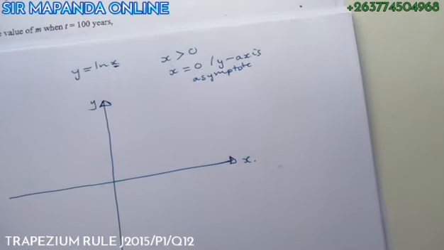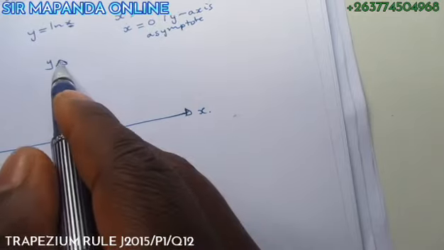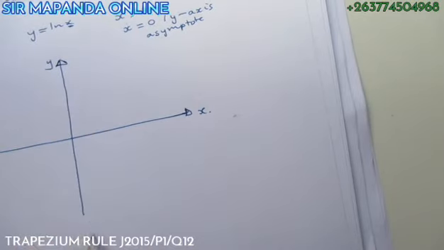Right. After drawing the asymptote, which is already there, our y-axis, we then need to find what we call the intercepts, where the graph is going to cut the axis.